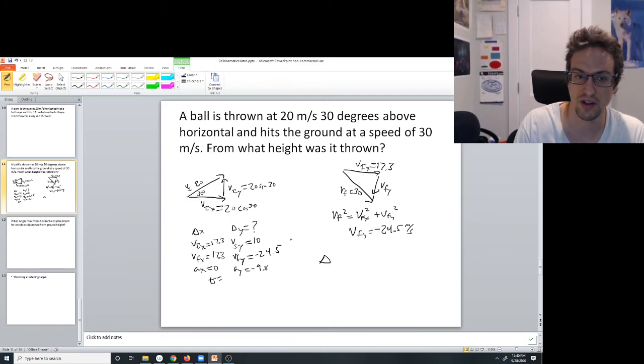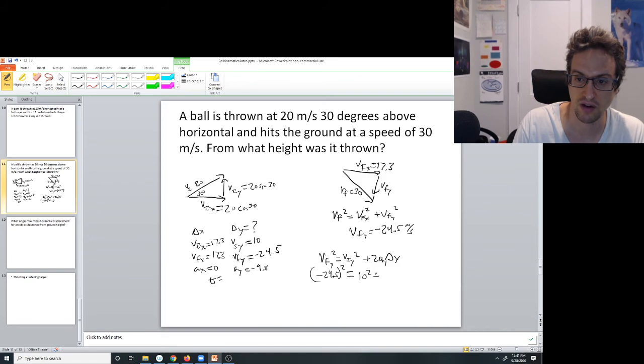So let's not do that equation, that would be silly. V final y squared equals V initial y squared plus 2 a y delta y. So negative 24.5 quantity squared, and again, if you do it this way, it doesn't matter that it's negative, but it should be negative.